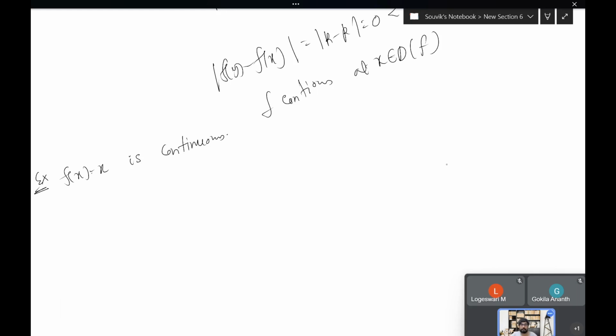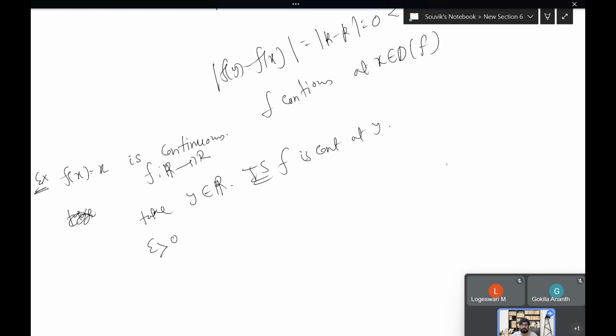Choose a point x from R, where f is a map from R to R, to show f is continuous at x.